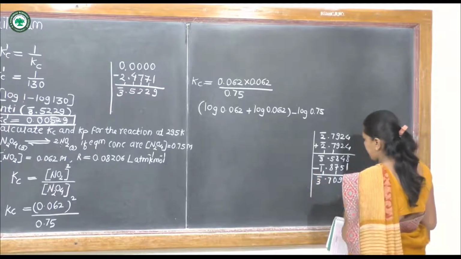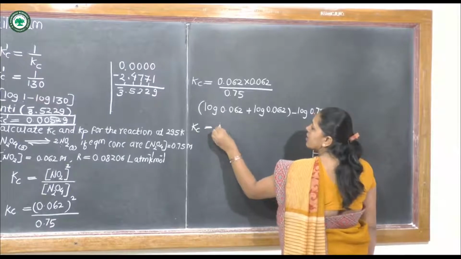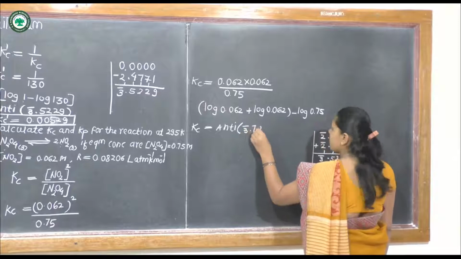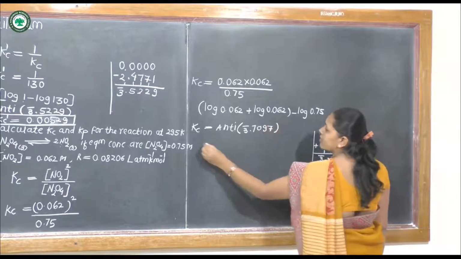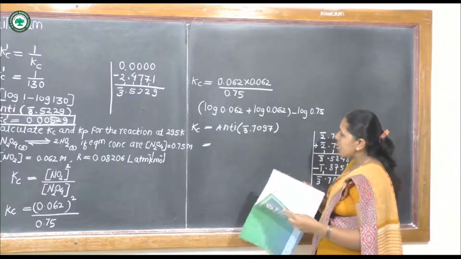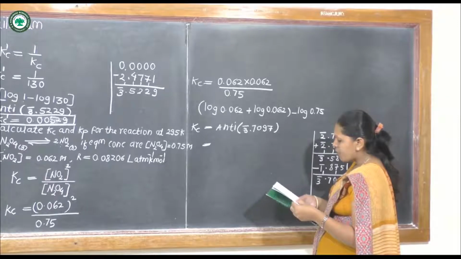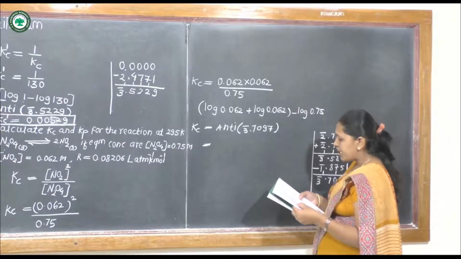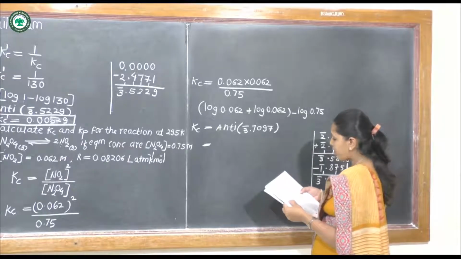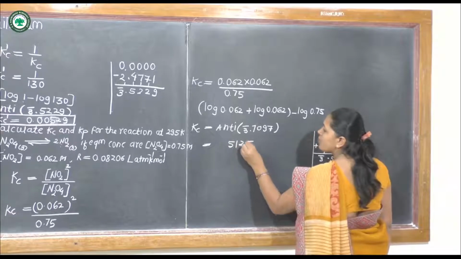Bar 3, antilog of bar 3, 7097. Antilog of 70 into 9, 5117 and mean difference 7, 5125.